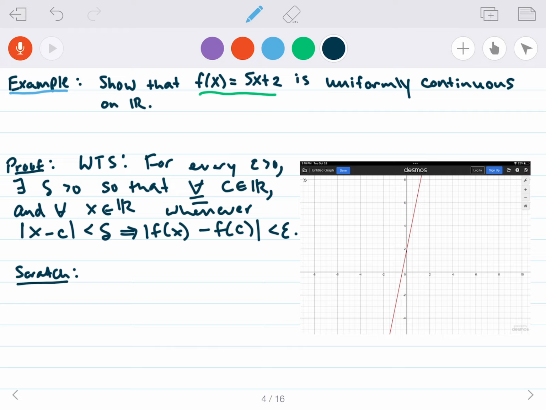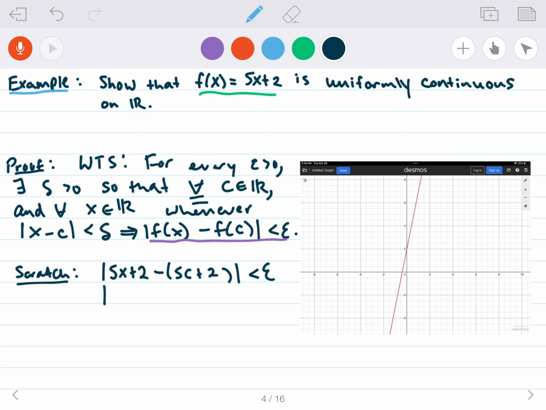Okay, and so as usual with these sort of proofs, we can do the scratch work. So we can start with absolute value of f of x minus f of c less than epsilon. And our f of x is 5x plus 2. So this becomes 5x plus 2. F of c, we just replace x with c. So this is 5c plus 2. Want that less than epsilon. And we simplify.